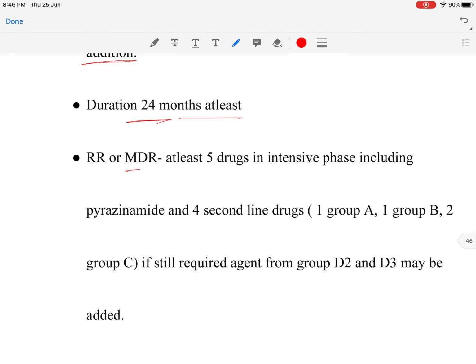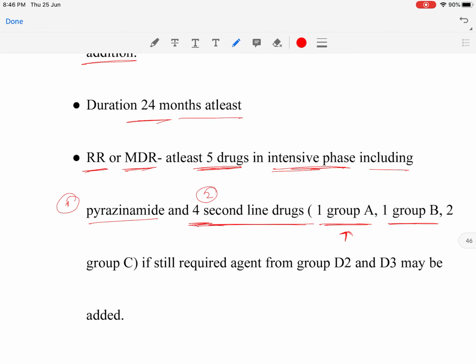Talking about MDR or rifampicin resistant TB, we will start with at least 5 drugs in the intensive phase, including pyrazinamide and 4 second line drugs. So one drug is pyrazinamide, which we will start in the intensive phase, and we will start the 4 second line drugs. One from group A, the fluoroquinolones.